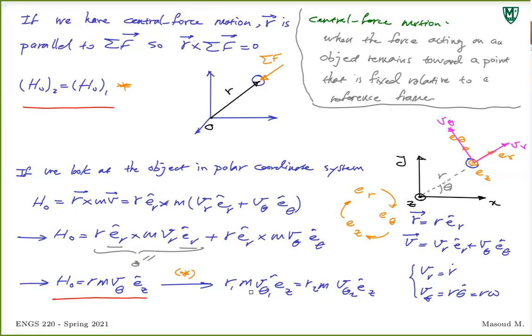M stays the same in your system, you're not talking about mass changing systems here. So you can get rid of these two. EZ and EZ, they're in the same plane. So what you get is R1 V theta 1 is equal to R2 V theta 2.